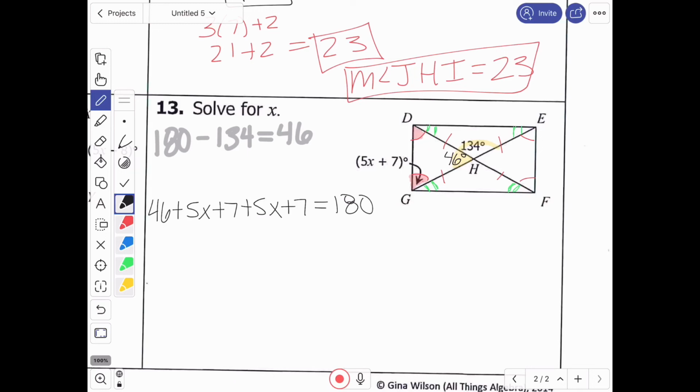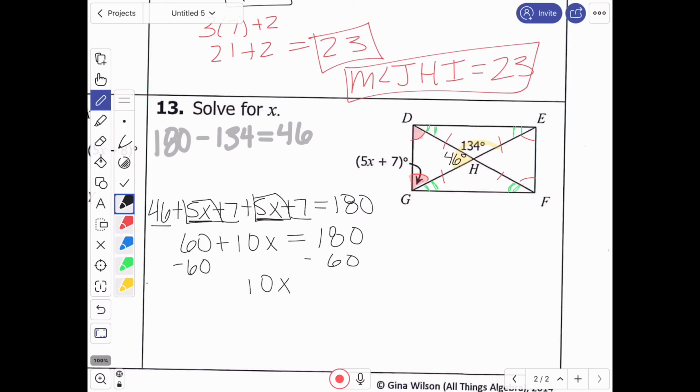Now I'm just going to combine my like terms. So 46 plus 7 plus 7, I get 60 plus 10x, which is 5 plus 5, equals 180. Subtract 60, 10x equals 120, divide by 10, and x equals 12.